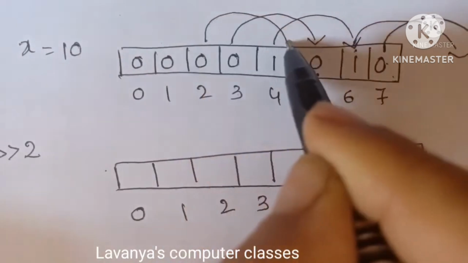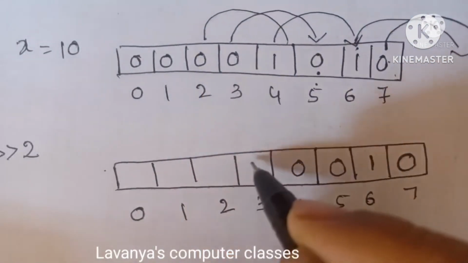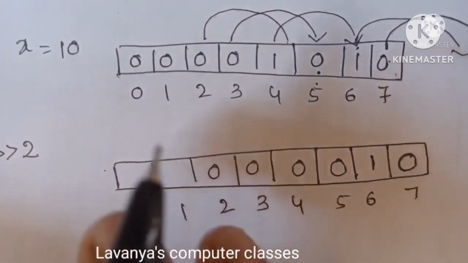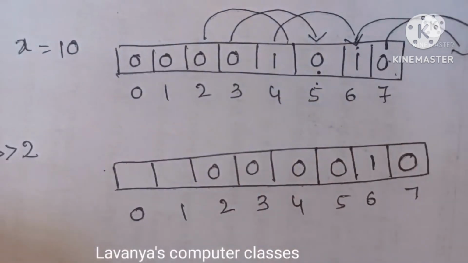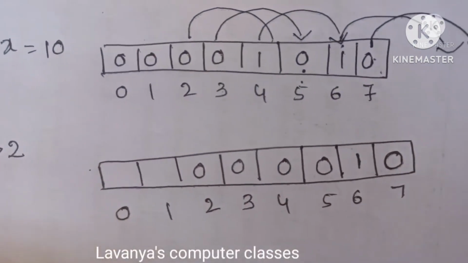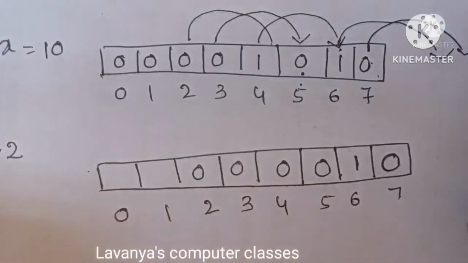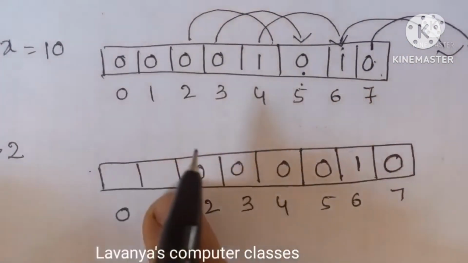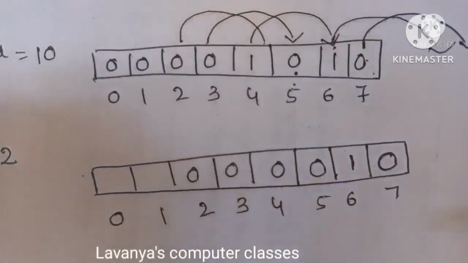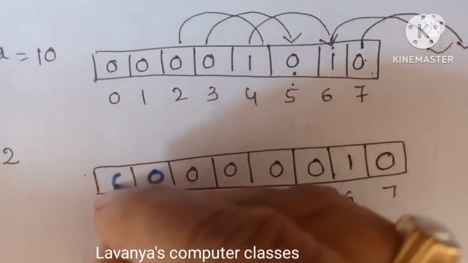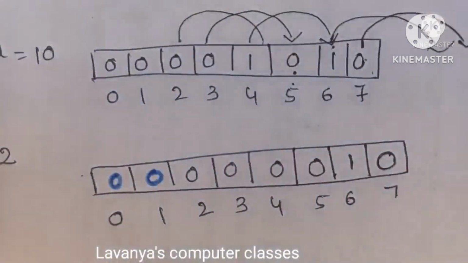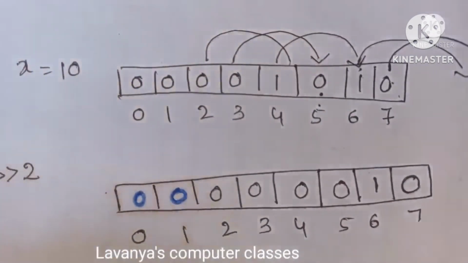The second one is shifted to the 4th place. The first one is shifted to the 3rd, like this. If all are moved two bits right, the last two, the 0th and 1st places, are empty. Those are filled with zeros again. So this is the example for the left shift and right shift operators.